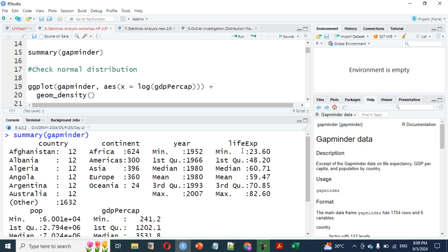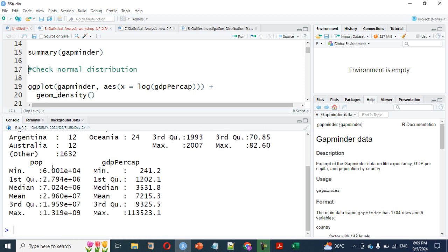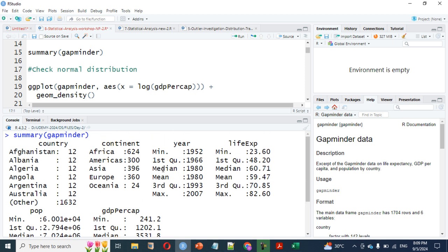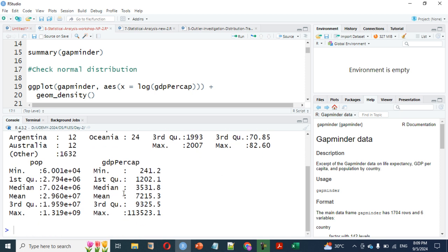We have life expectancy, with the minimum, maximum, mean, median, first quartile and third quartile. We have the population of the country, and the income, GDP per capita, of the country for that particular year. There's no missing value here, so you don't need to bother about missing values at all.